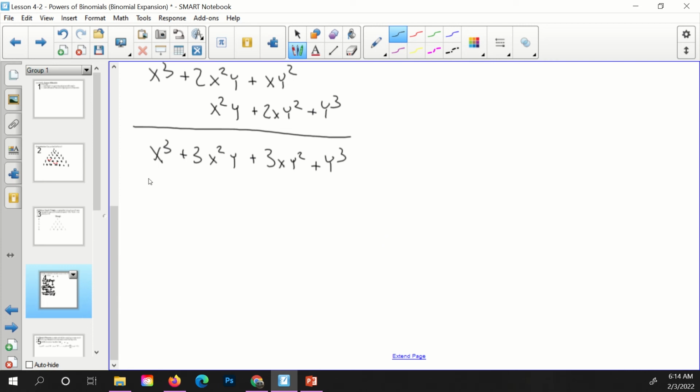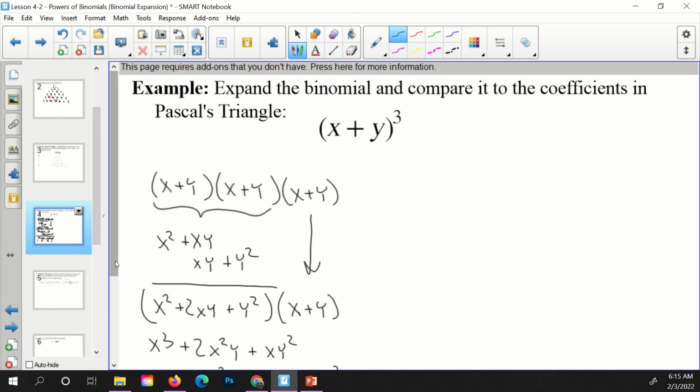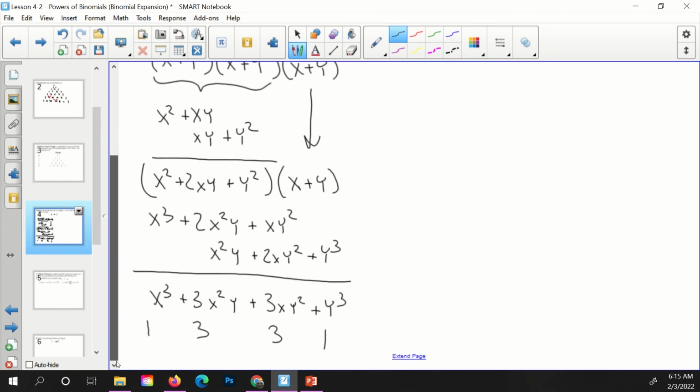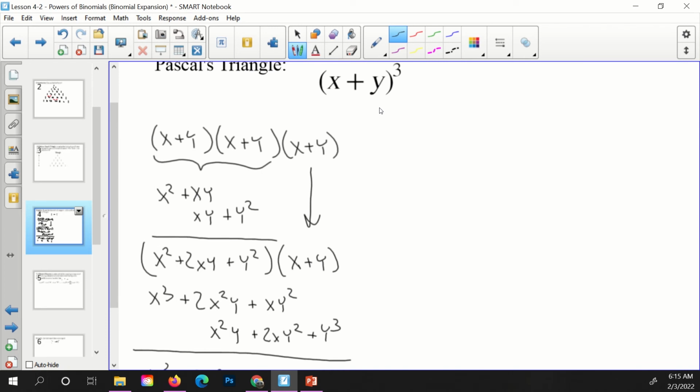You'll also notice that my coefficients are 1, 3, 3, 1. If I go back to Pascal's triangle, this third row, 1, 3, 3, 1, shows us that Pascal's triangle finds us the coefficients of these expansions.